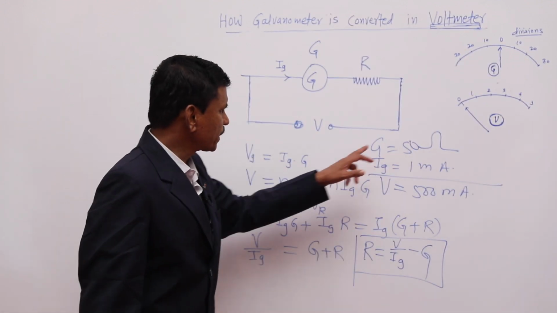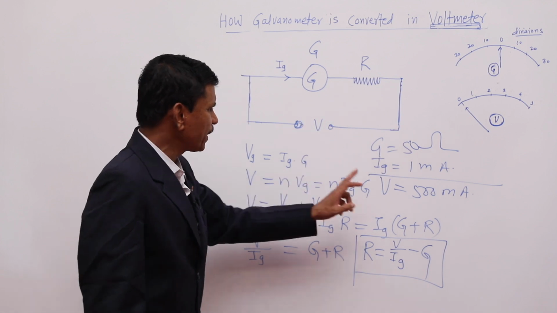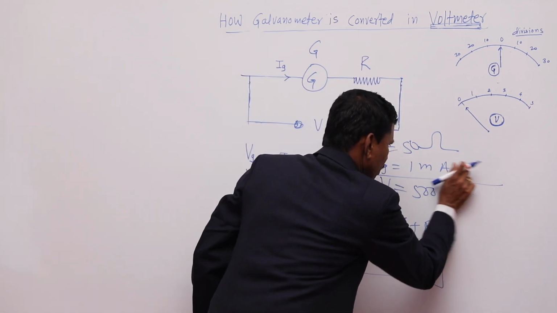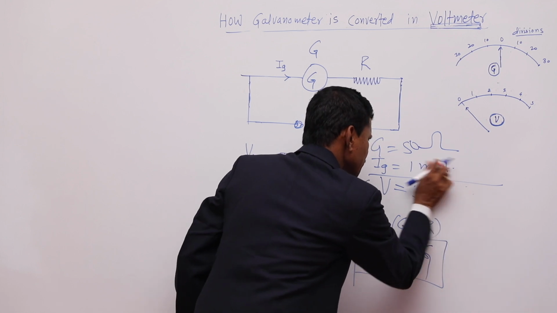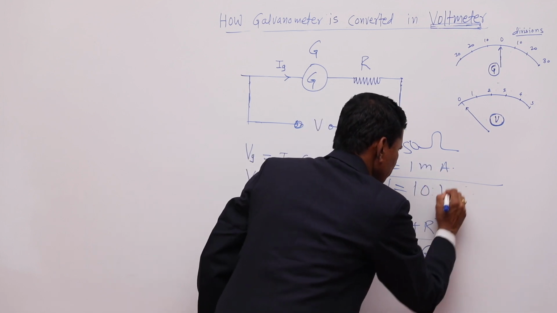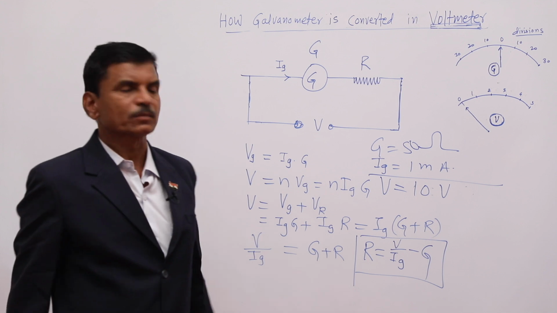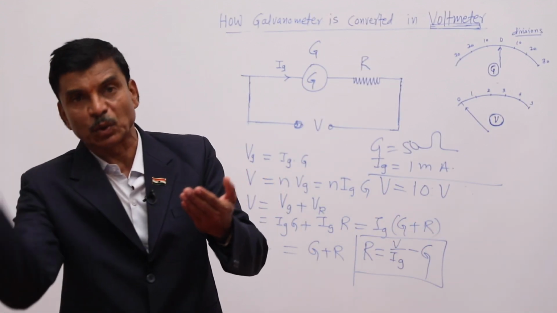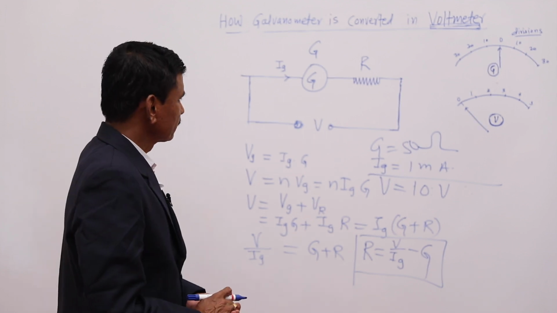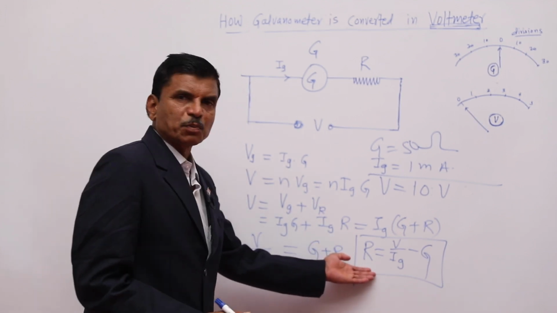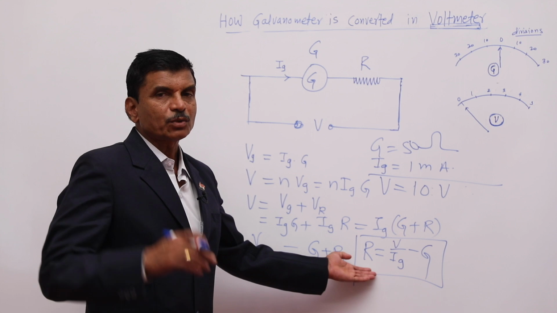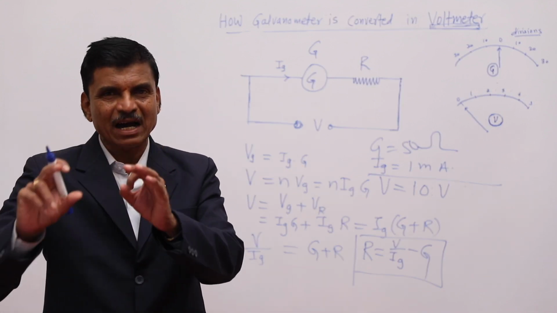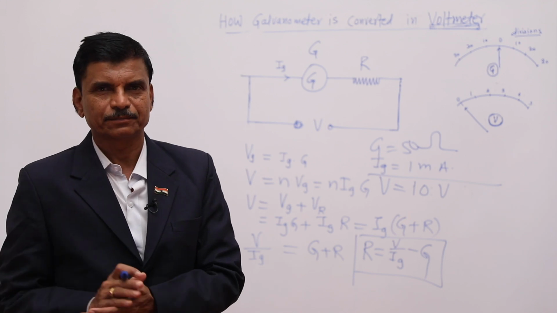So G is equal to 50, Ig is equal to 1 milliampere, and V is equal to 500 millivolt. Okay, or let us take 1 volt or 10 volt, whatever it may be. For the voltage range, we have to create a voltmeter of range 0 to 10 volt. Use this formula. What we have to do? We are connecting a large resistance R in series with the galvanometer.